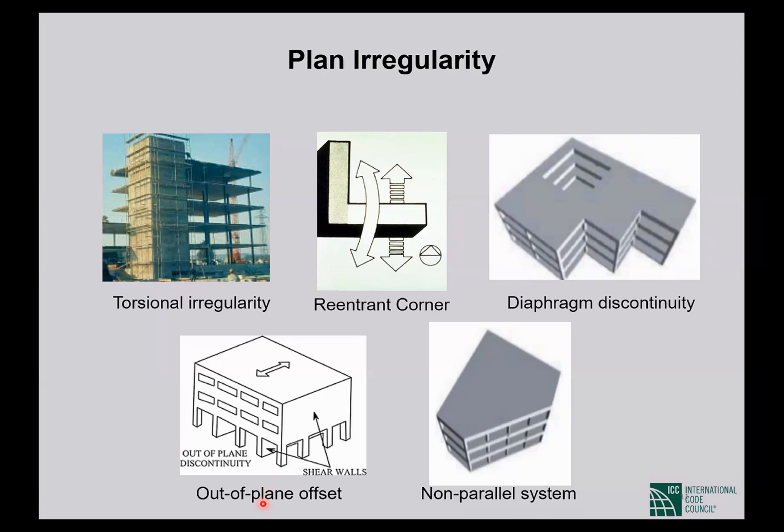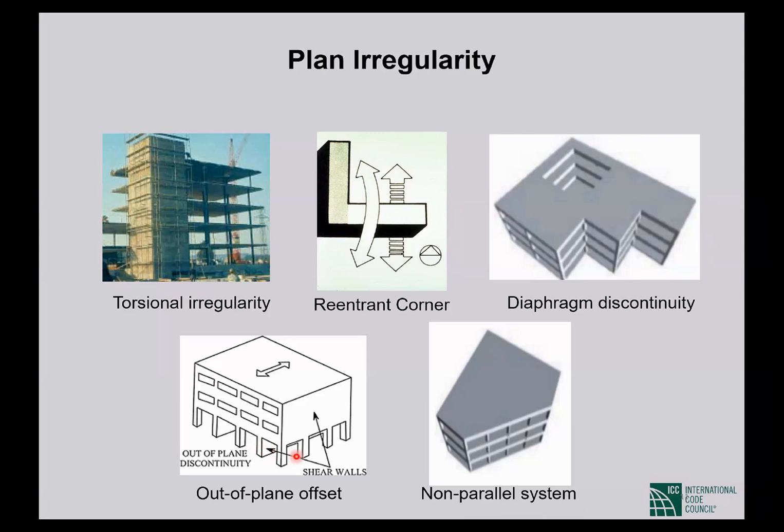Out of plane offset. You can see these offsets. So for example, this vertical member, that is a lateral load carrying member, but vertical. As you can see, this is a shear wall. So this has been discontinued here and placed on a different bay.